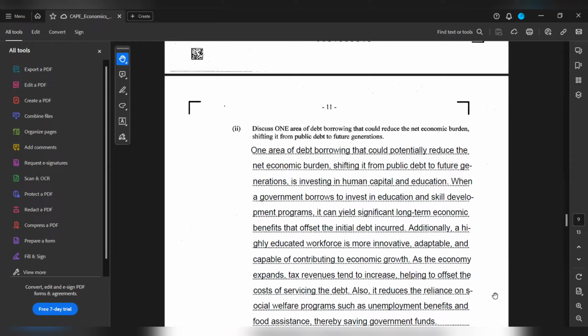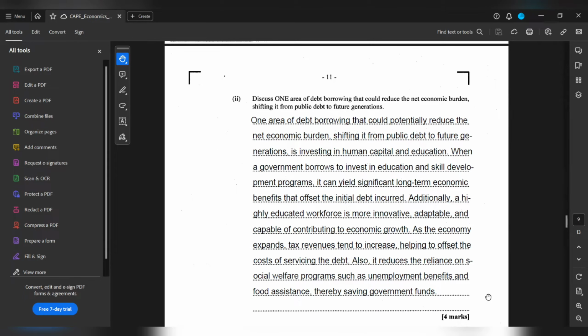As the economy expands, tax revenues tend to increase, helping to offset the costs of servicing the debts. Also, it reduces the reliance on social welfare programs such as unemployment benefits and food assistance, thereby saving government funds.